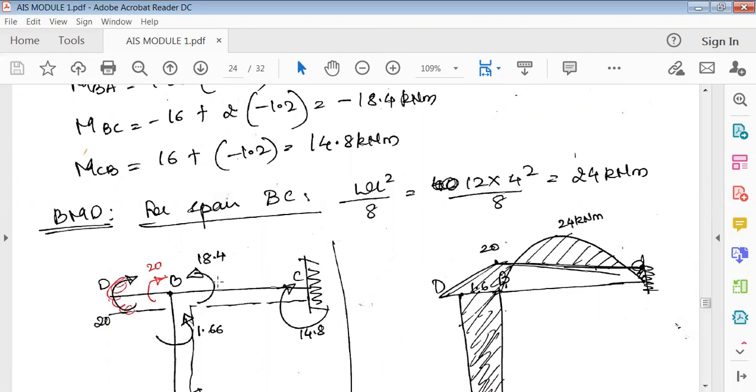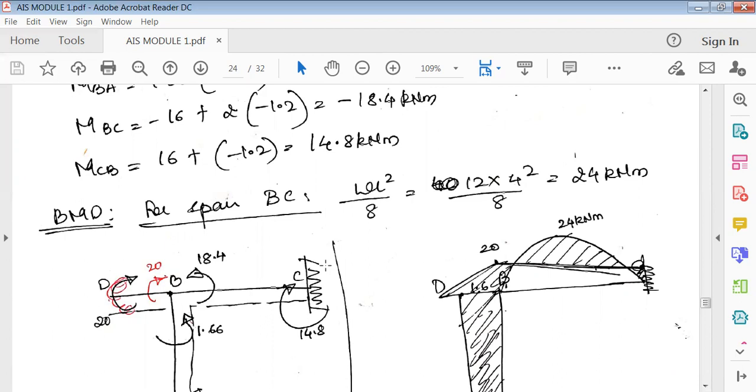Horizontal section of this, so it is 18.4. MBC is here. Next MCB. MCB is plus 18.4. So plus means clockwise like this.